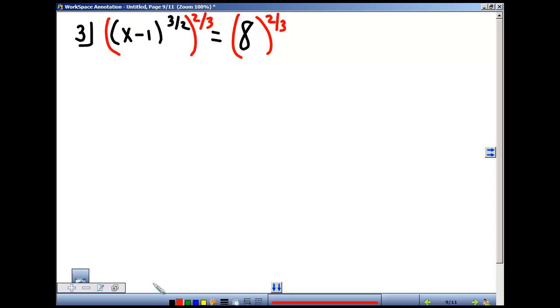On the left-hand side, the reciprocals will reduce to 1, leaving x minus 1. On the right-hand side, this gives me the cube root of 8 squared.